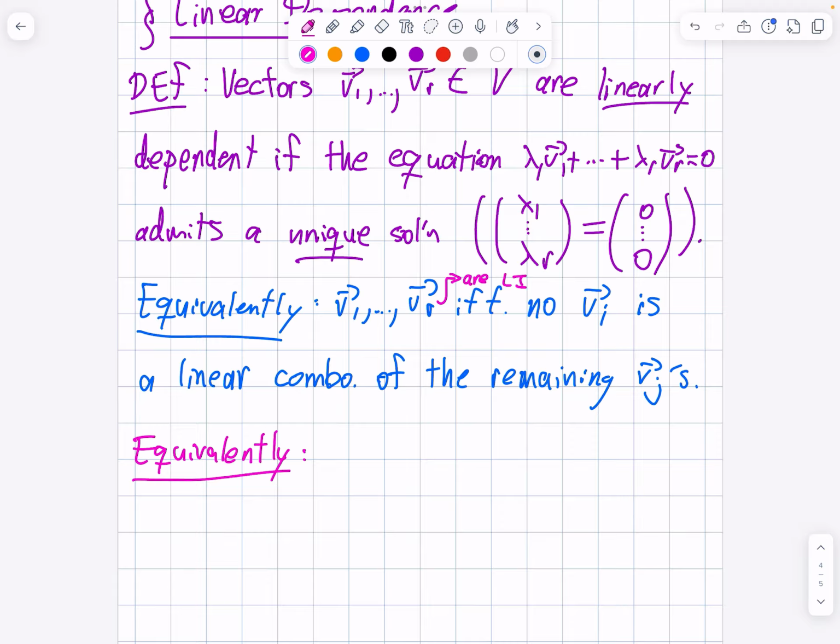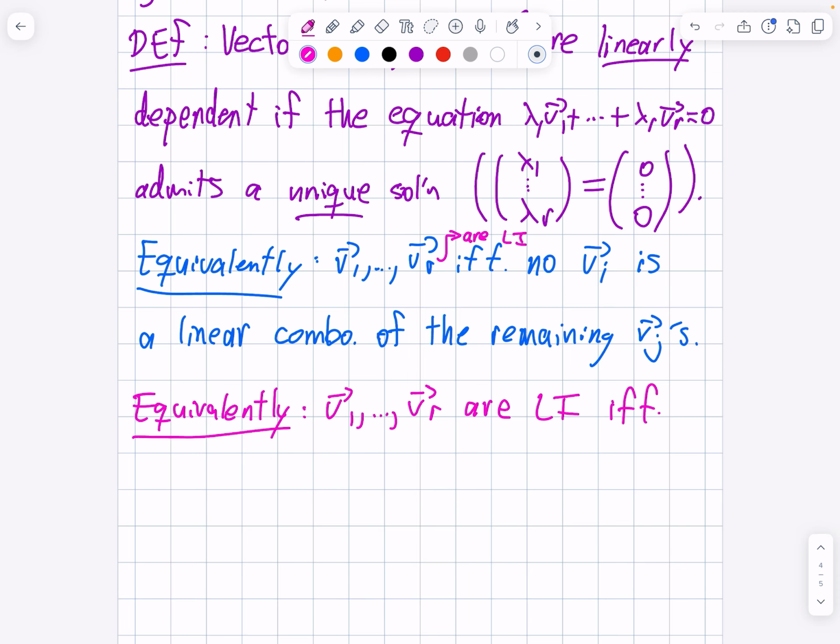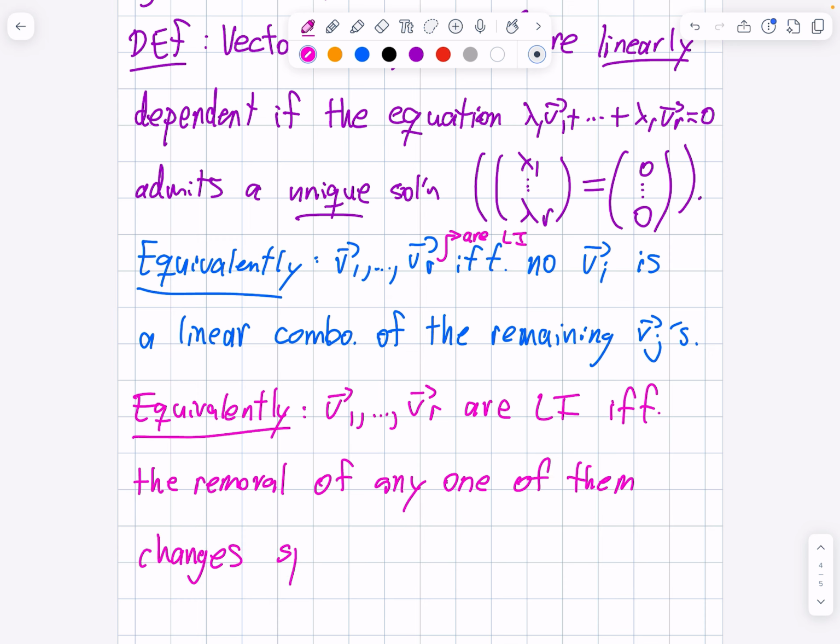Okay, so equivalently, these guys, v1 through vr, are linearly independent if and only if the removal of any one of them changes their span.